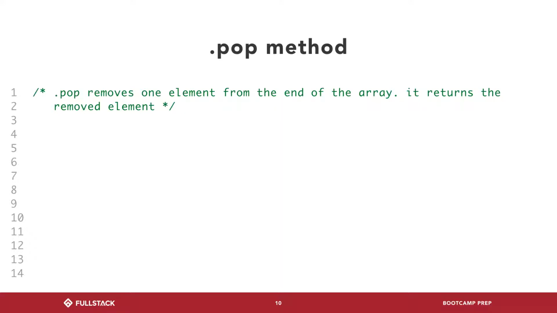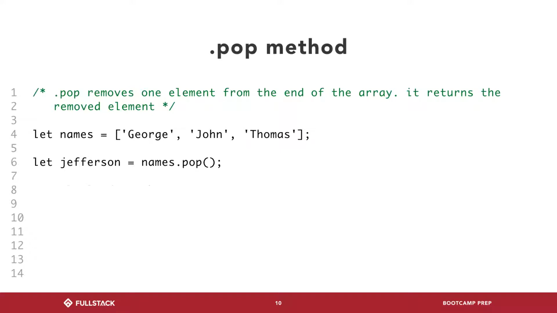Because obviously, once you remove an element from the array, you lose access to it, right? So dot pop has a kind of safety in place: it's going to say, by the way, this is the thing you just removed. If you want to store it somewhere else, feel free to. What I did was remove the last element, and what I'm giving back to you is the element that was just removed.